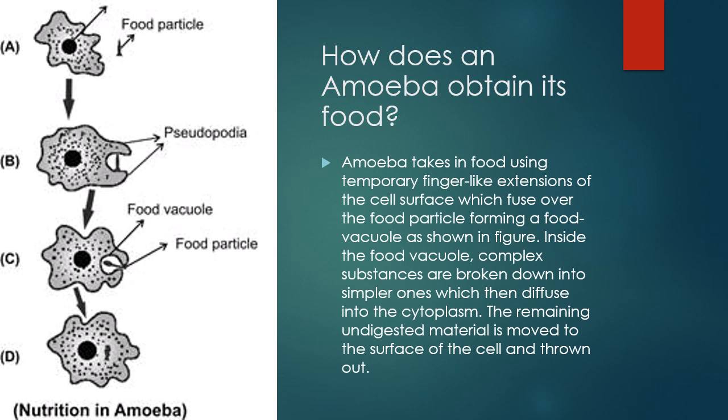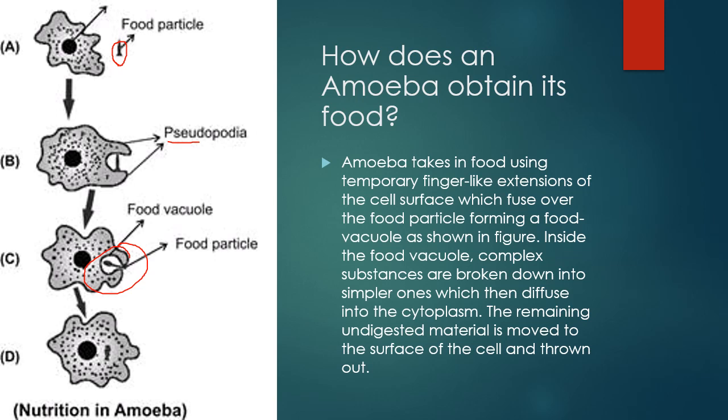You can see, imagine this is the food particle. Around the food particle, with the help of pseudopodia, it forms a vacuole around it. This is pseudopodia. And there is a vacuole around the food particle, you can see in the diagram.